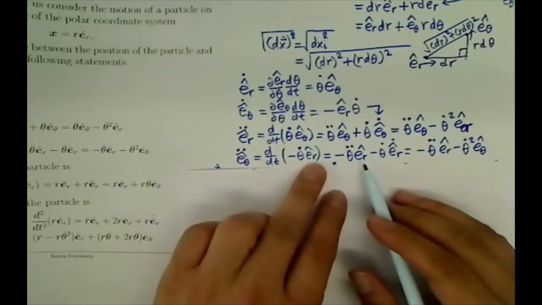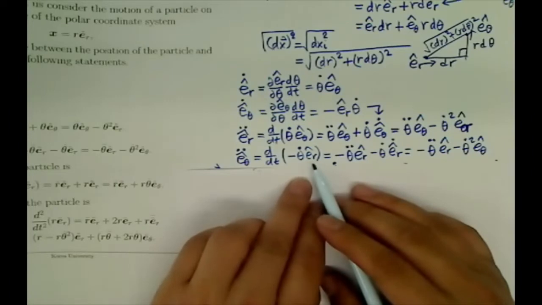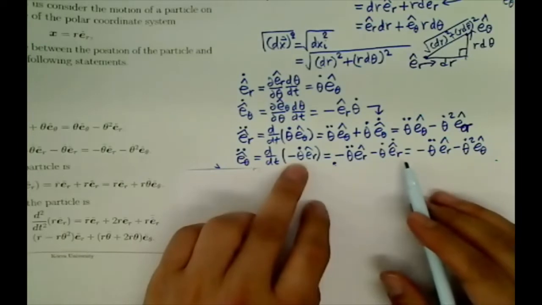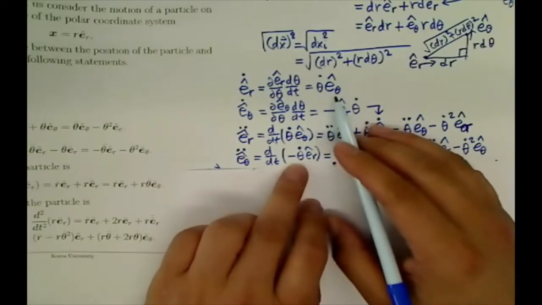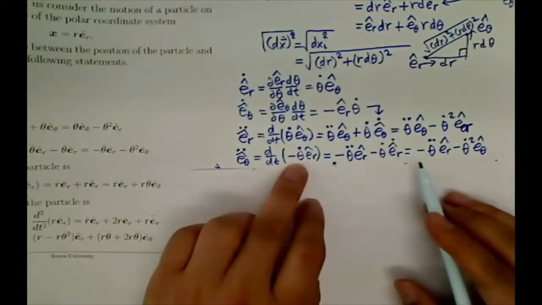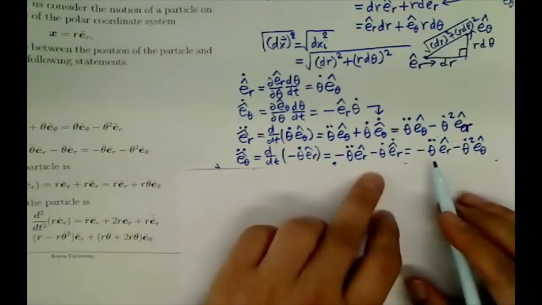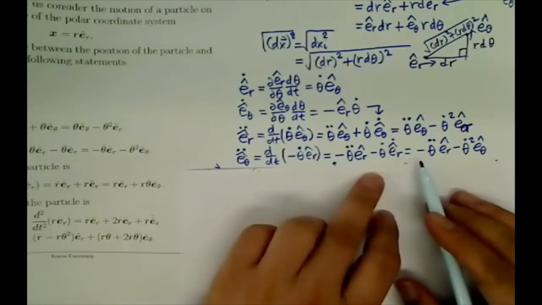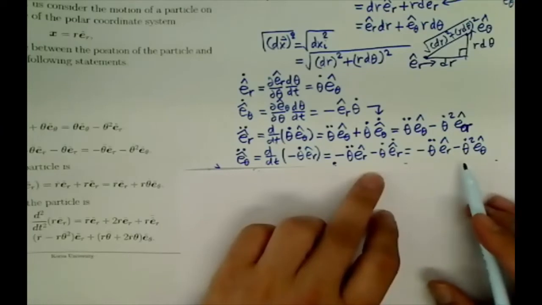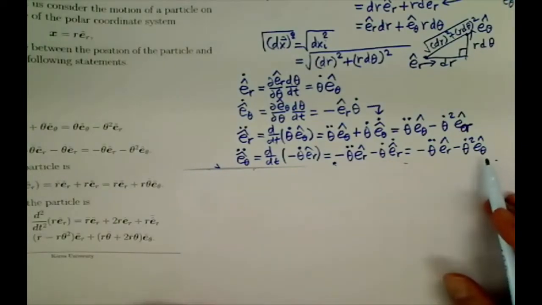And then take the derivative of e_r hat, keeping the theta dot the same. So we have minus theta dot and e_r hat dot. e_r hat dot is obtained here. We copy this result here. Our final result is angular acceleration in the opposite direction, minus theta double dot along the radial direction, and minus theta dot squared along the angular direction.